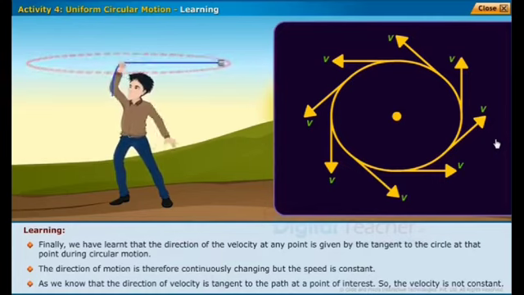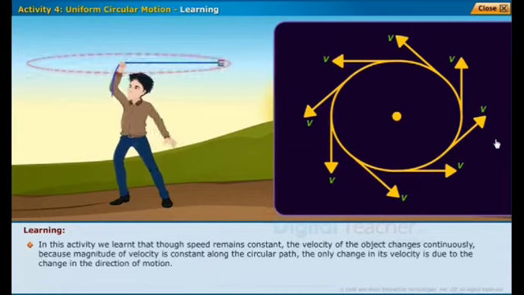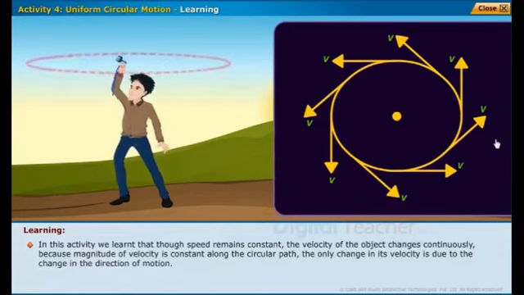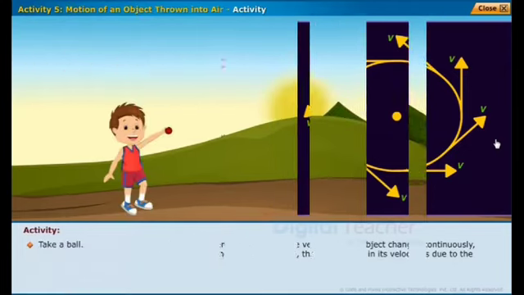As we know that the direction of velocity is tangent to the path at a point of interest, the velocity is not constant. In this activity, we learn that though speed remains constant, the velocity of the object changes continuously, because the magnitude of velocity is constant along the circular path. The only change in its velocity is due to the change in direction of motion.